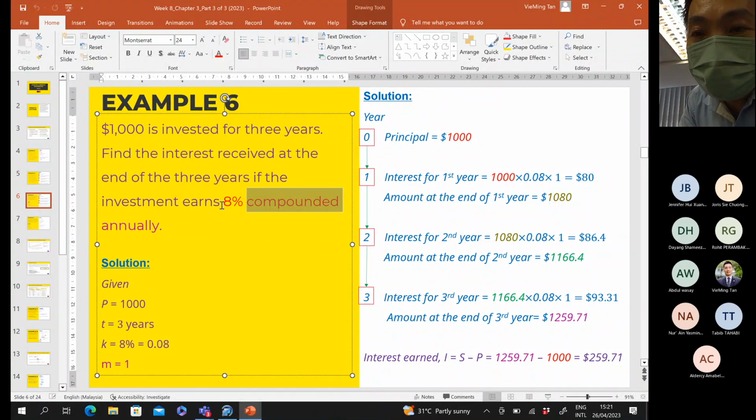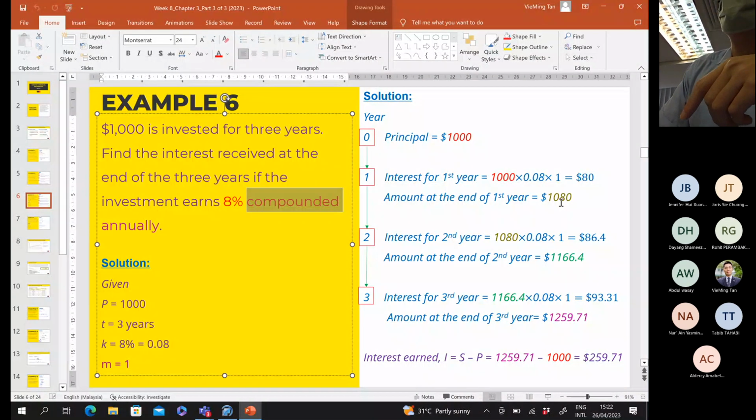Multiply by 1. Why 1? Because we want to identify the interest earned for year 1 only, 1 year. So T is 1. You may find that the year 1 interest earned is $80. So how much is the accumulated amount at the end of year 1? The answer is 1,000 plus $80, so I get 1,080. This is the S1, the accumulated amount at the end of year 1.